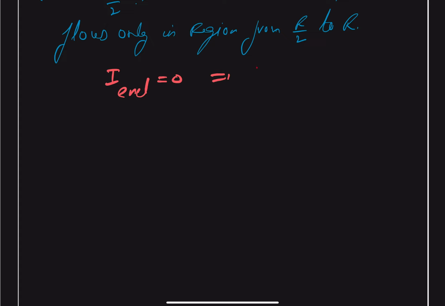So this gives us that the magnetic field is equal to 0.